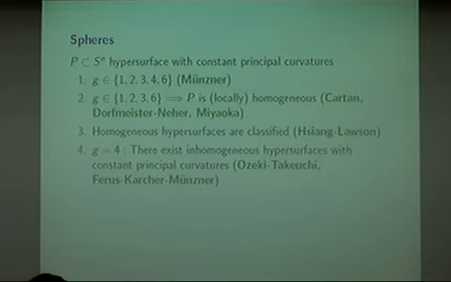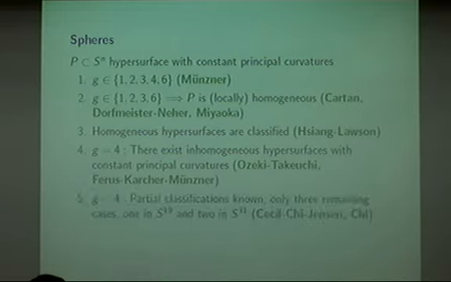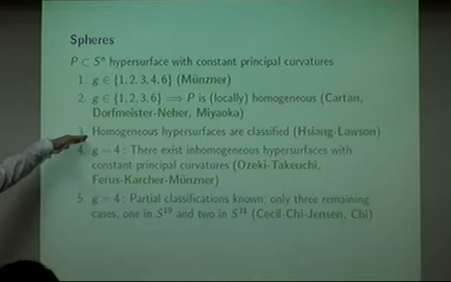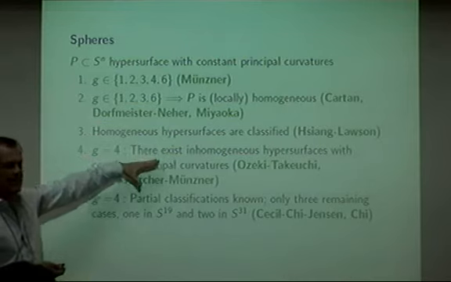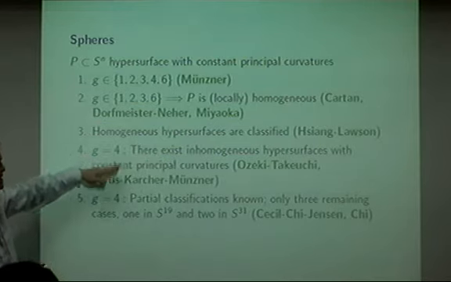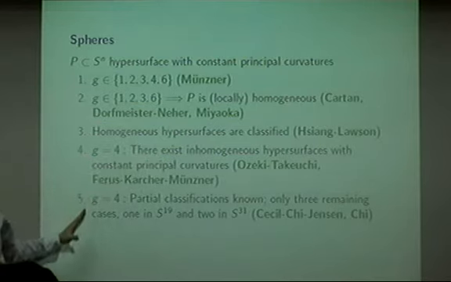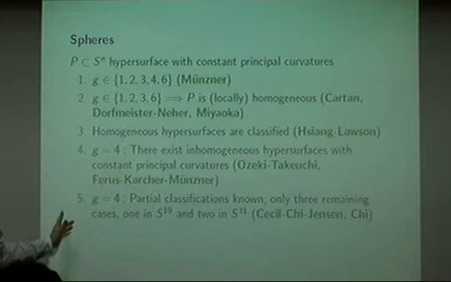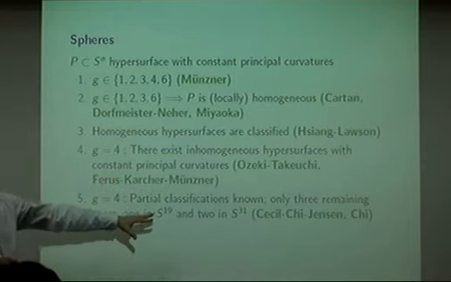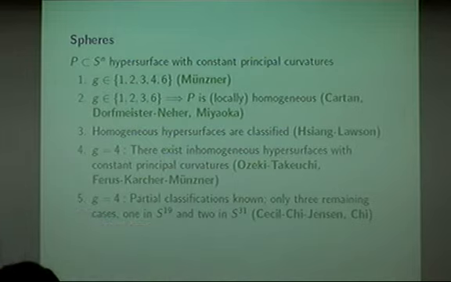That's much more difficult. But there has been some recent progress on this. For a long time nothing was known, but recently Cecil, Chi and Jensen proved that, apart from the homogeneous ones with 4 distinct principal curvatures and these inhomogeneous ones which were constructed here, there are no other ones, with a few possible exceptions, and these exceptions can only arise in spheres of dimension 19 and 31.